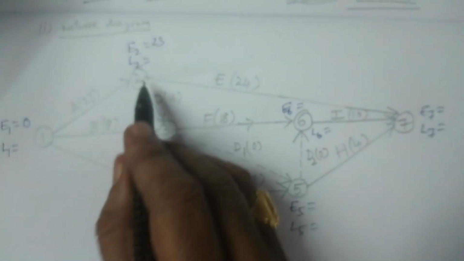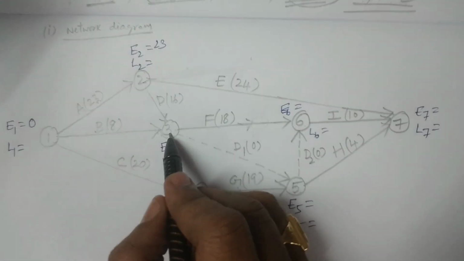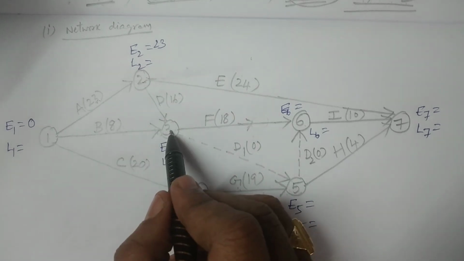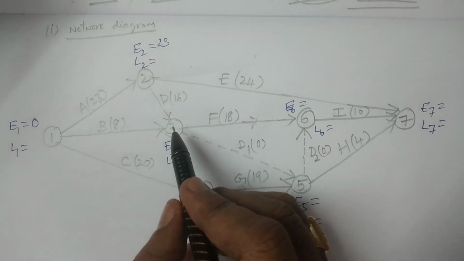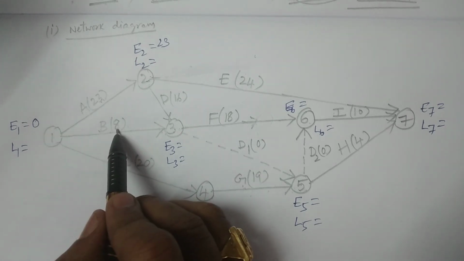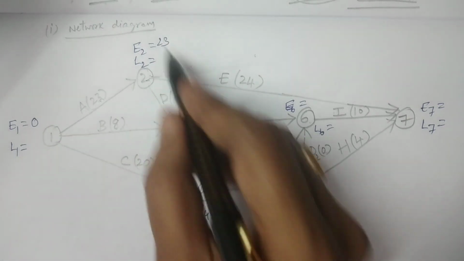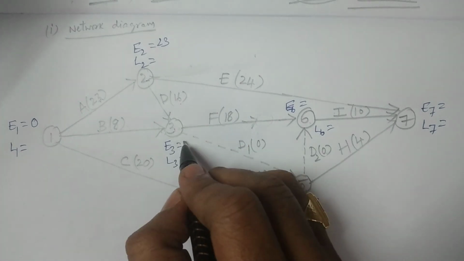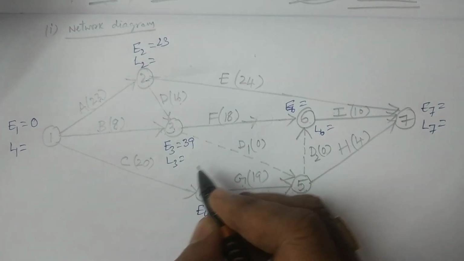Then you move to the third event. We have two connections, 2 to 3 and 1 to 3. For 1 to 3, 0 plus 8 is 8. And 23 plus 16 is 39. So the maximum you have to consider is 39.